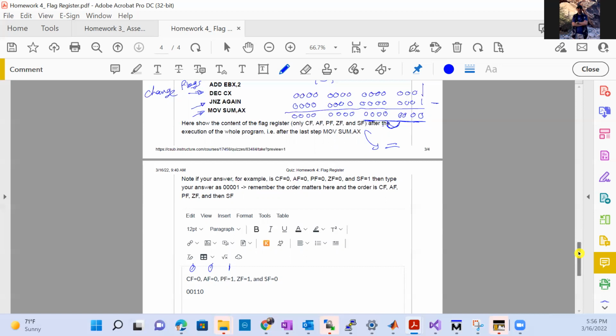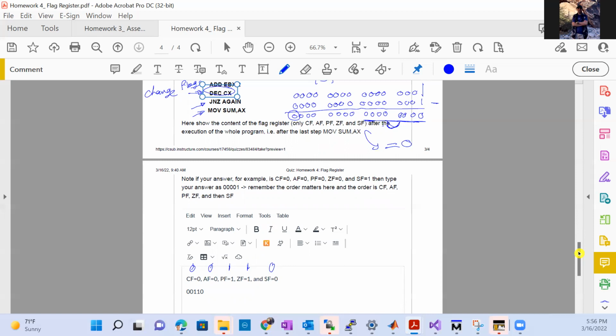That's equal to 0, so the zero flag is 1. And the last bit is 0, so the sign flag is 0. Good. So the flag register's 5 bits are carry flag, auxiliary flag, parity flag, zero flag, and sign flag. When we execute that instruction on the 5th iteration, it will be like this: 0, 0, 1, 1, 0.